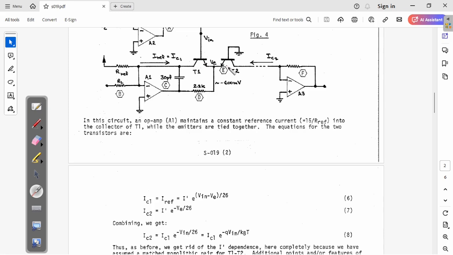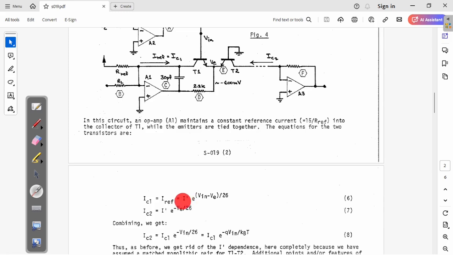So basically you tie them together, or better, you get them in the same package so that you are sure the temperature of the two transistors is the same. That's why you can put the same I prime. Otherwise, it wouldn't be the same I prime. So IC2 is equal to I prime times exponential of minus VE, because VB is ground, so minus VE divided by 26.